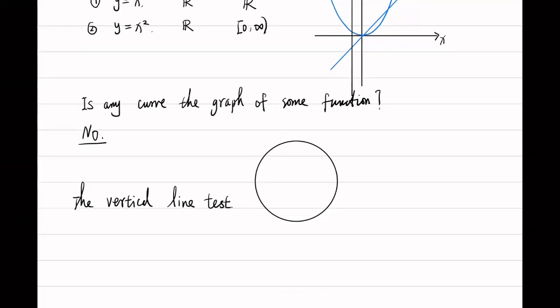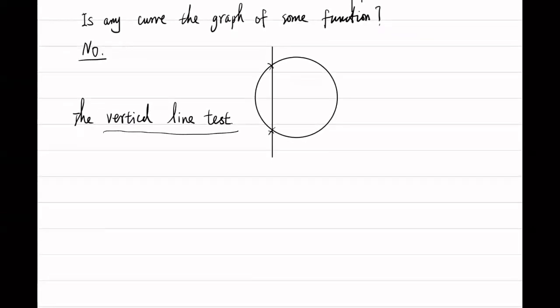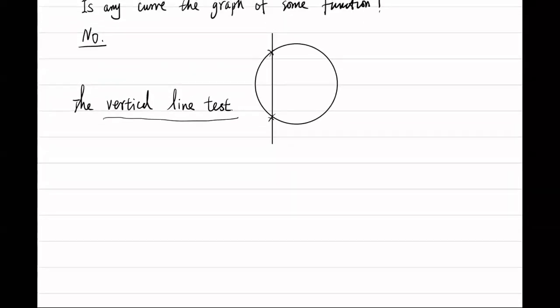But for this one, if we draw a line, it intersects at 2 points. So that's the vertical line test. For the curve to be a graph, it can only intersect each vertical line at one point. Okay, very easy.